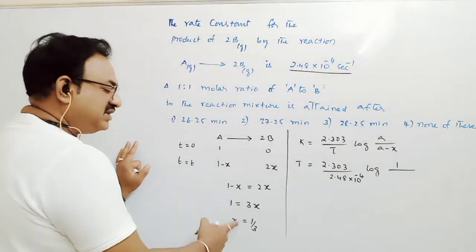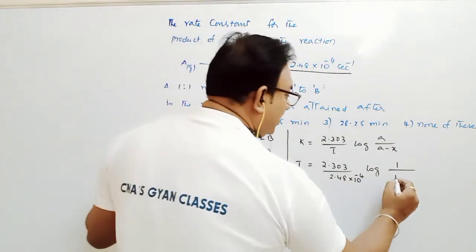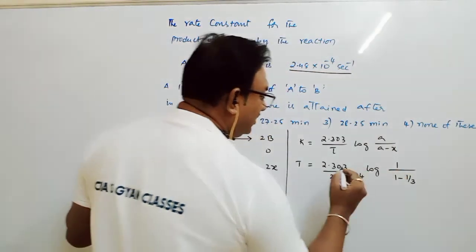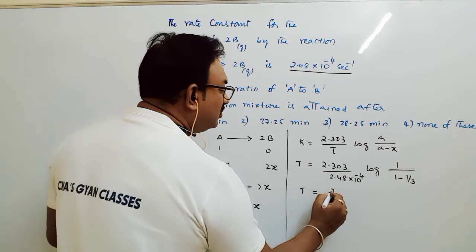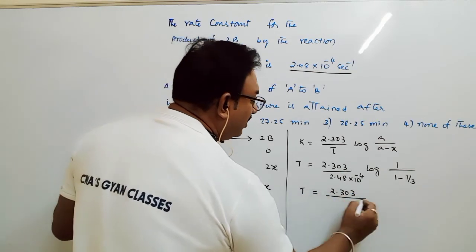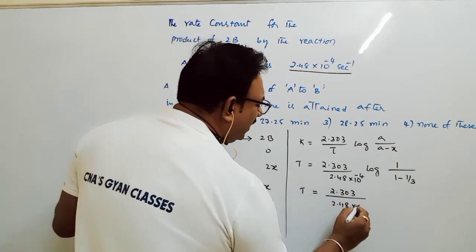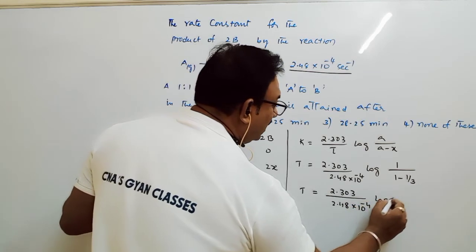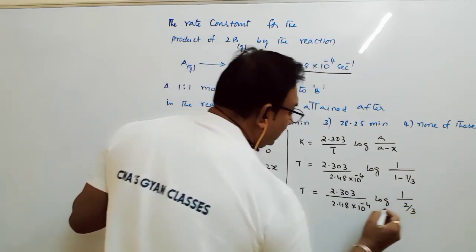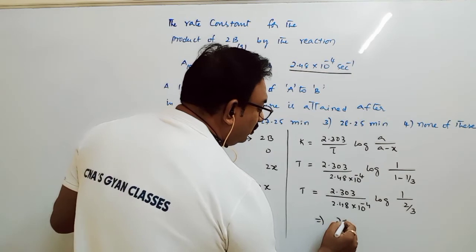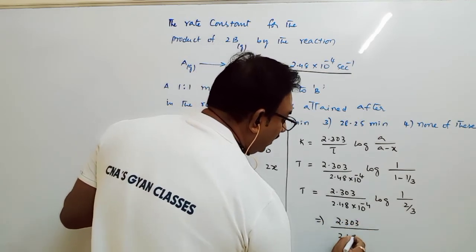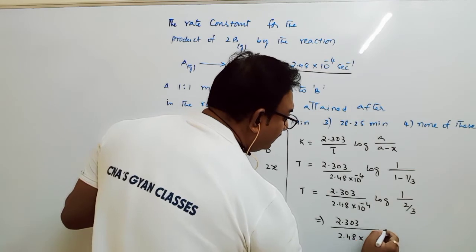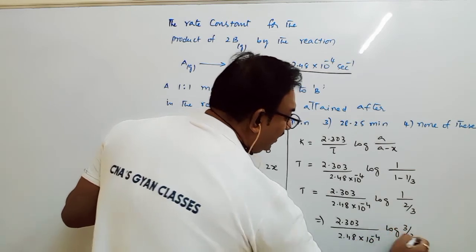Now x is given as 1/3, so A minus x is 1 minus 1/3, that is 2/3. Then 2t is equal to 2.303 by 2.48 into 10 power minus 4 log 1 by 2/3, that equals 2.303 by 2.48 into 10 power minus 4 log 3/2.